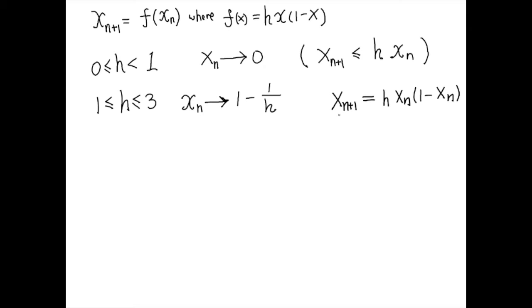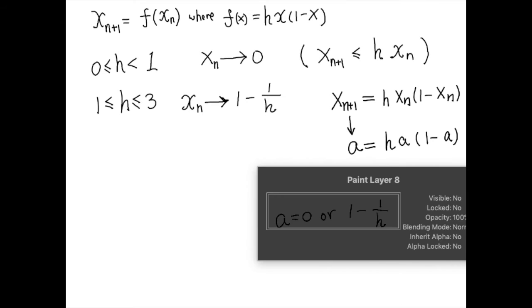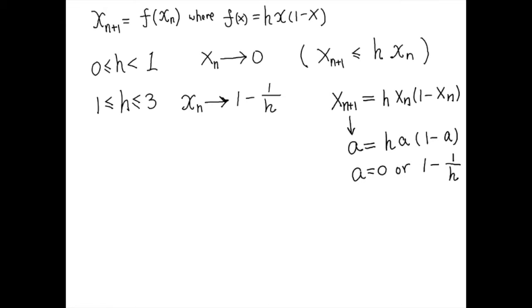If the population goes to a limit, let's say a, then on the right side x_n also goes to a. So we have this equation, and we can calculate that a is equal to 0 or 1 minus 1 over h. From the graph, we know the limit is not 0, so it is 1 minus 1 over h. Of course, when h is equal to 1, it is still 0.